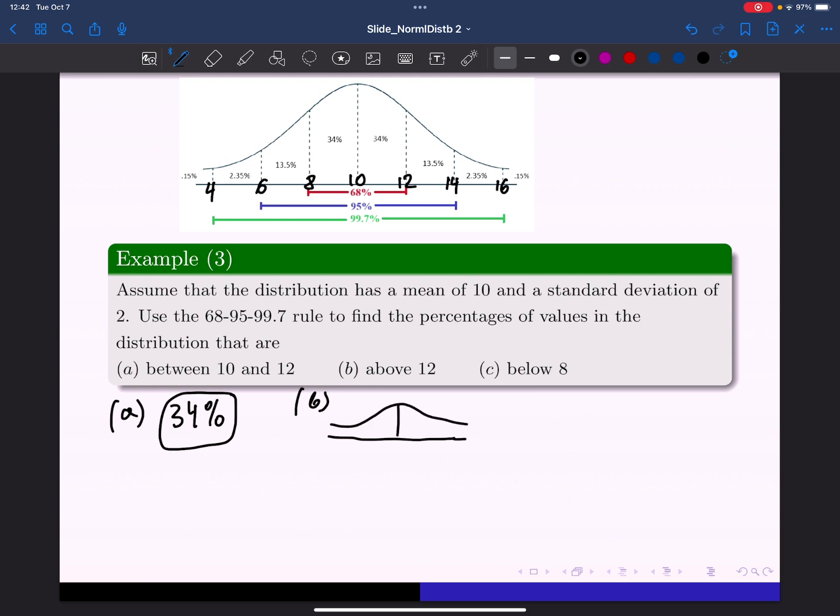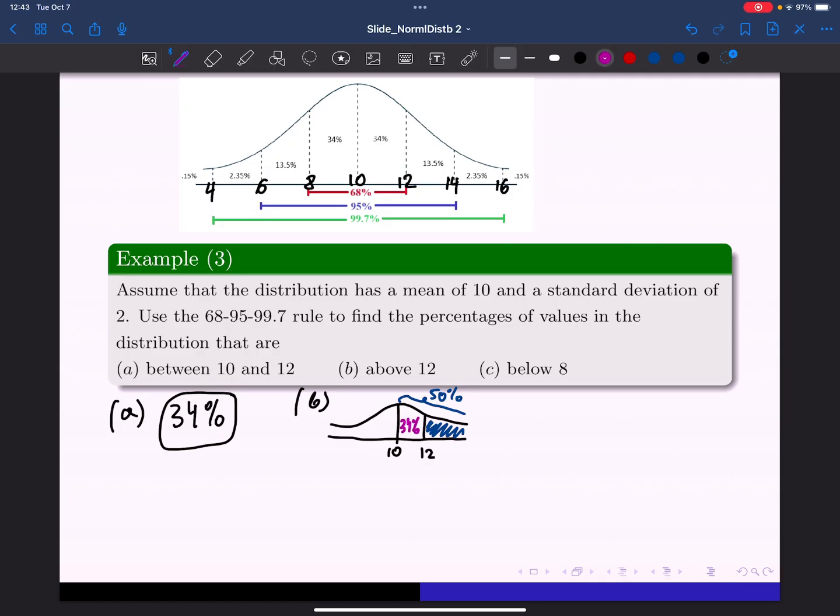So here is my 10, here is my 12, and I am interested in the area above the 12, right? We know that this total area is 50%. Now inside this area is 34%.